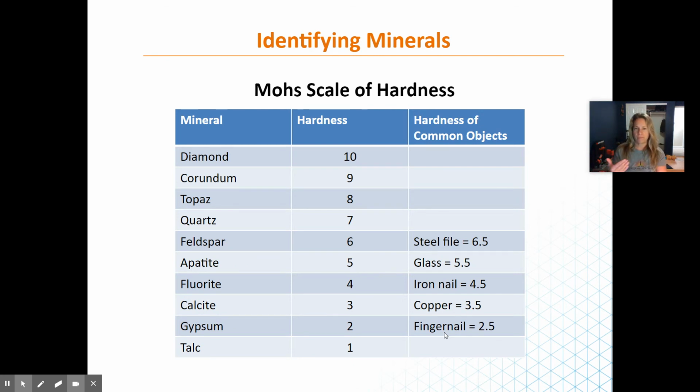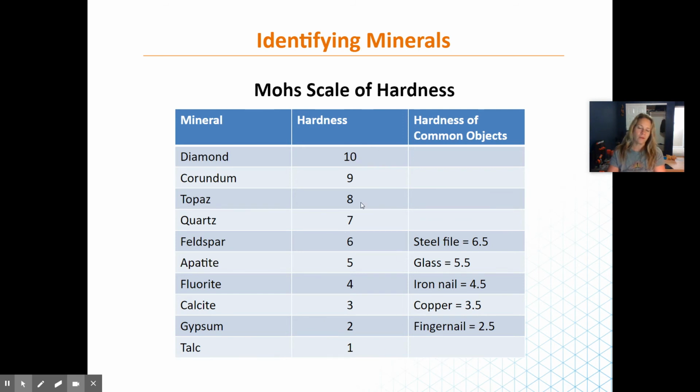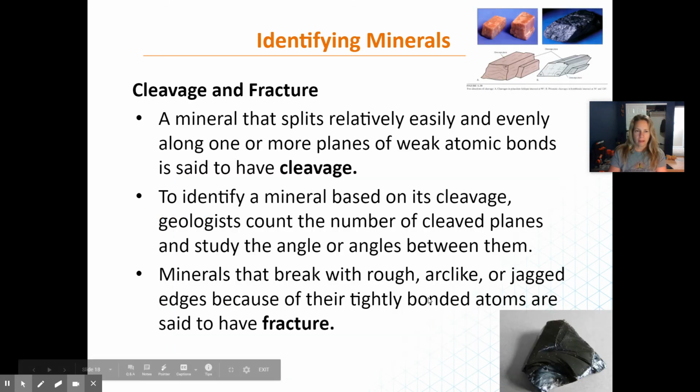Copper, like a solid copper penny, is 3.5, iron nails 4.5, glass 5.5, steel file 6.5. Those are just some examples. We may have a couple of things that are harder, like quartz, but you could just say it's harder than 6. All right, so the other things we're going to look at are cleavage and fracture.